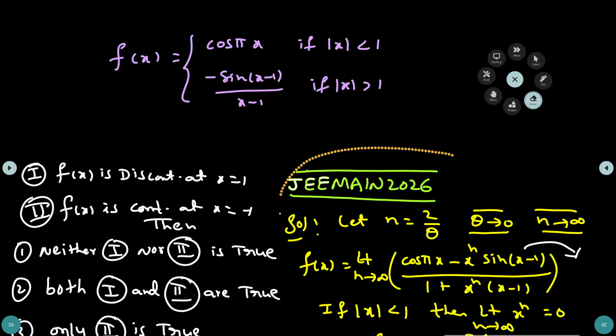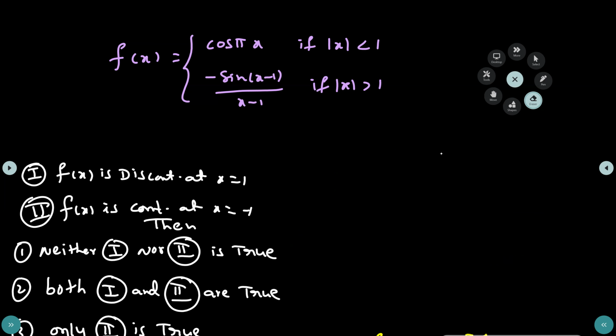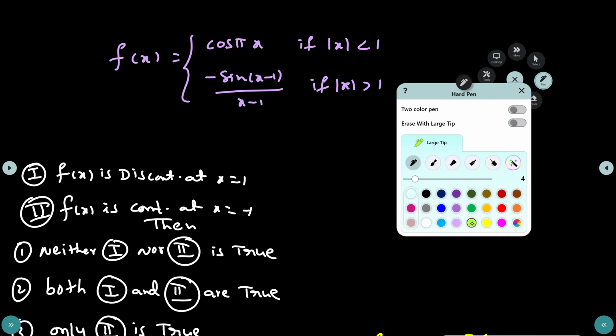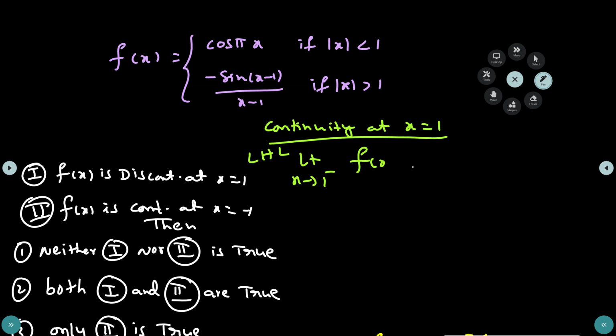Some statements are given, that f of x is discontinuous at x equal to 1 and minus 1. Let us check continuity at x equal to 1. Limit x tends to 1 minus, which is the LHL, the left hand limit. f of x is equal to limit x tends to 1 minus, here it is cos pi x, which is cos pi, which gives minus 1.